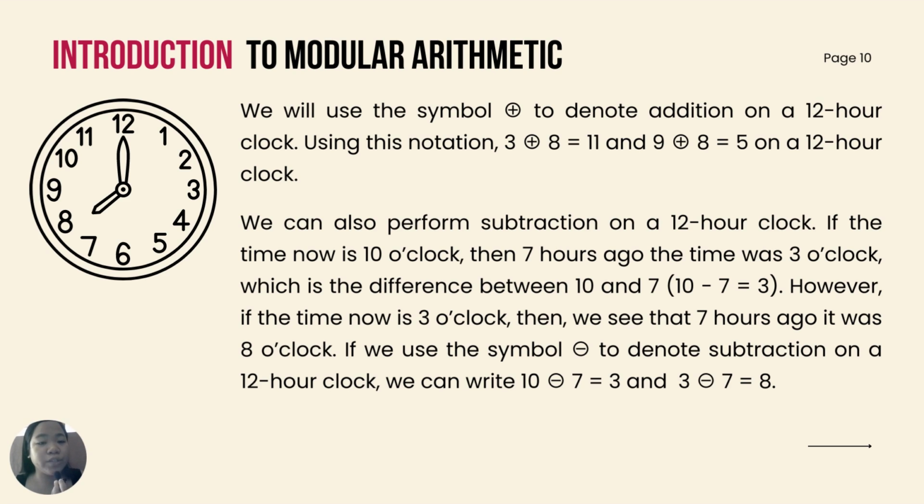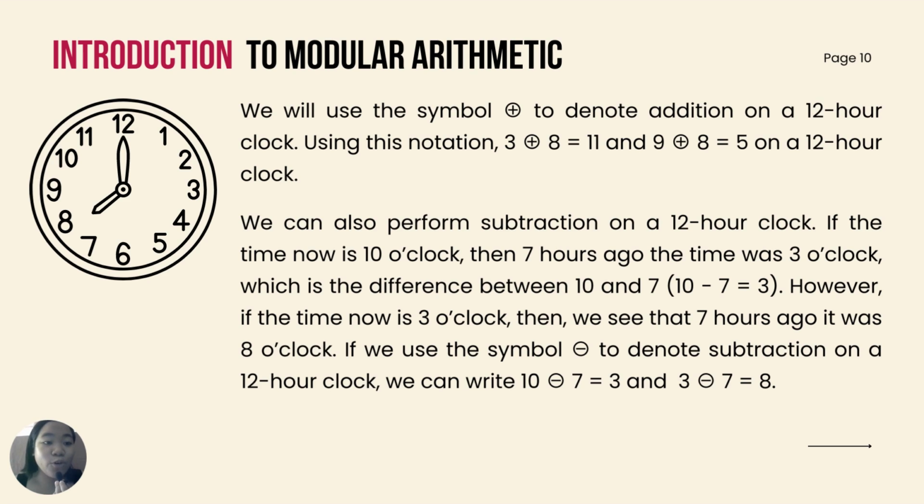Aside from addition, we can also perform subtraction on a 12-hour clock. So if the time now is 10 o'clock, then 7 hours ago, the time was 3 o'clock.